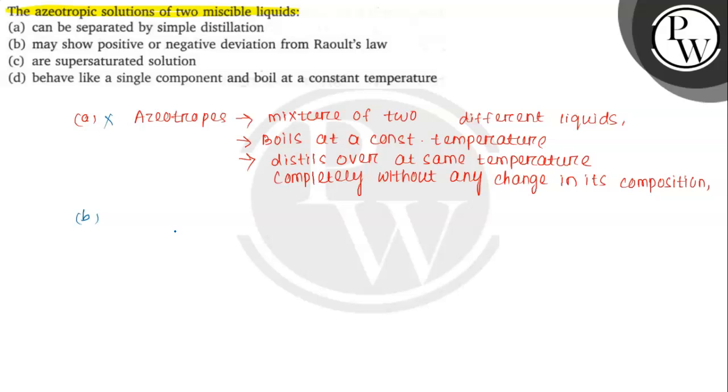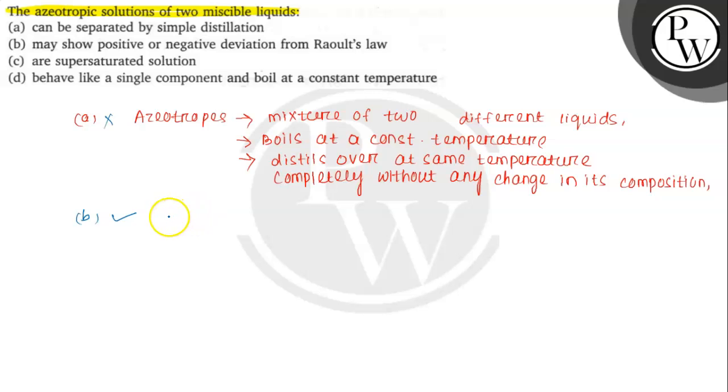And they differ in their boiling point, like their mixture can either have a higher boiling point than either of the components, or they can have a lower boiling point. That means option B is correct. So they show positive or negative deviation from Raoult's law.